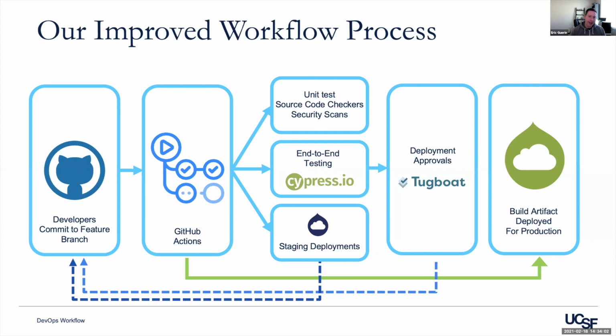But ideally, there's a continual loop between this first step here. All these tests, if they fail, they come back to the developer commit, and then it runs again in GitHub Actions and keeps going until everything is hunky-dory.